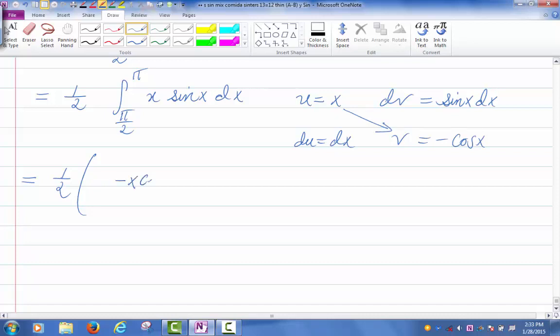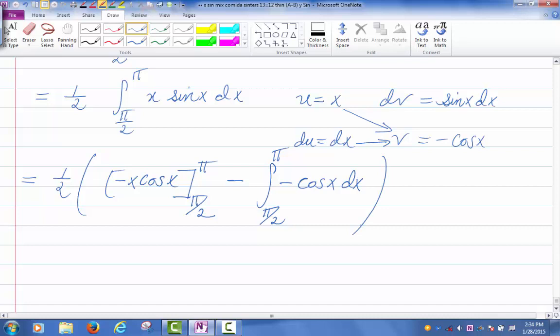Negative x cosine x. That's the uv part, right? But because I have a definite integral, uv needs to be evaluated at pi and pi over 2 and subtracted, okay? Minus the integral of v du. So now v du. What is v du? Negative cosine x dx. And that integral should go from pi over 2 to pi. Are we okay with that?